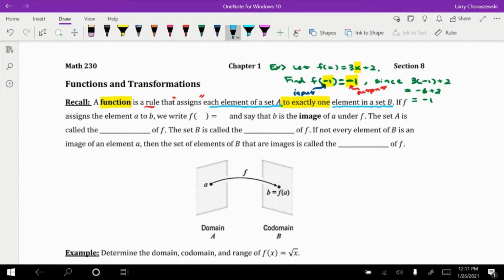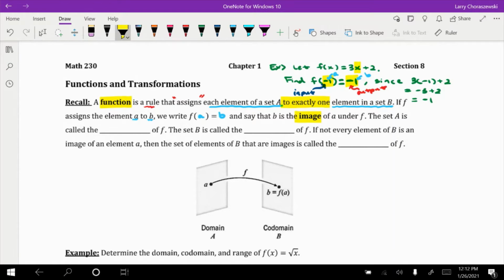So let's say, generically speaking, that we have an element A that gets assigned to an element B. For instance, this -1 right here could serve as an element A in our real number version of functions, and the -1 is our element B. Then this notation, f of A equals B, indicates that we're assigning the element A to the element B. There's a particular term associated with the output that we get, and that term is called the image of A under the function f.